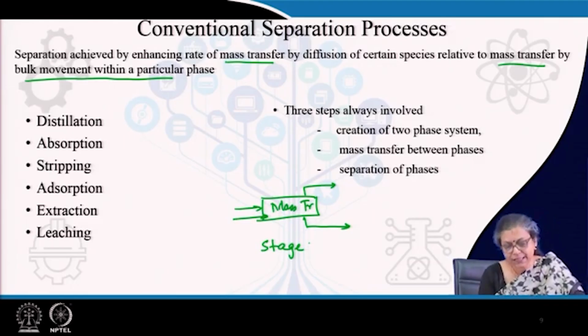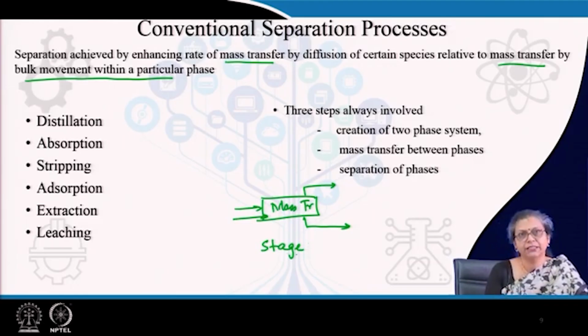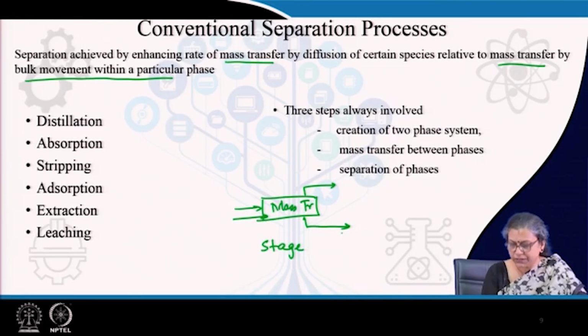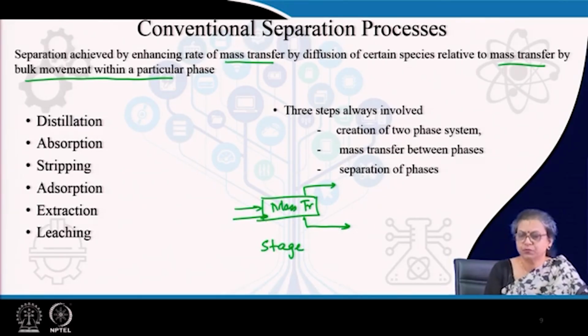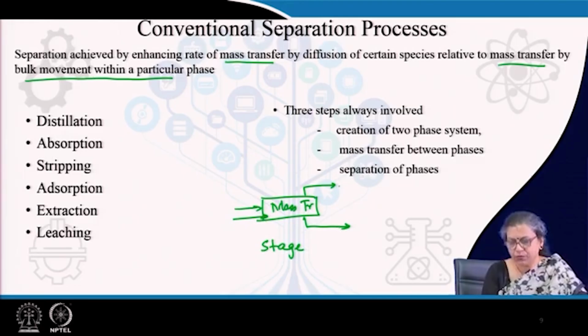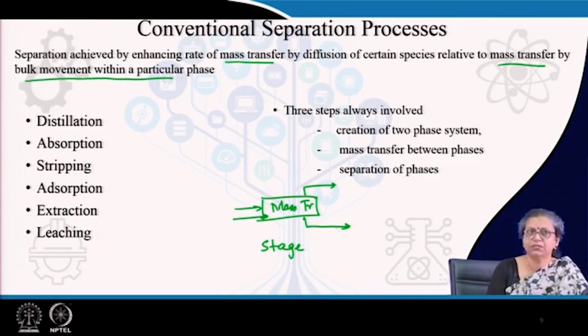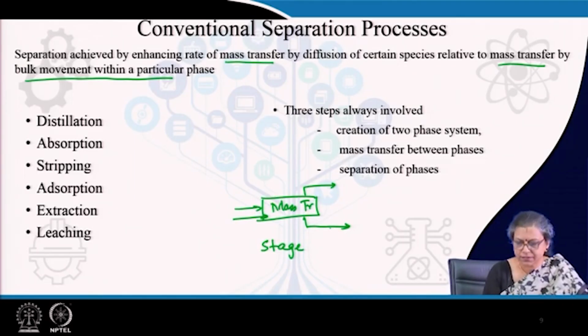What is the maximum separation that we can achieve in one stage? The maximum separation is when the two effluent products are such that the component which has to be separated is in equilibrium between the two phases. We cannot attain any separation better than this.